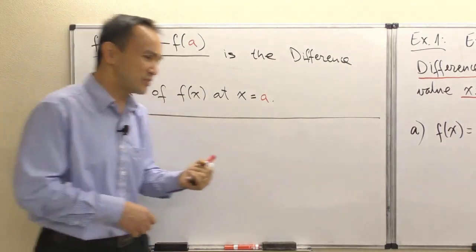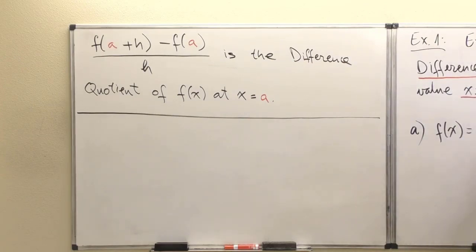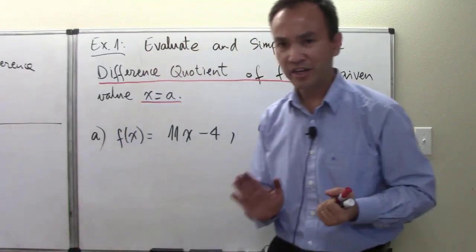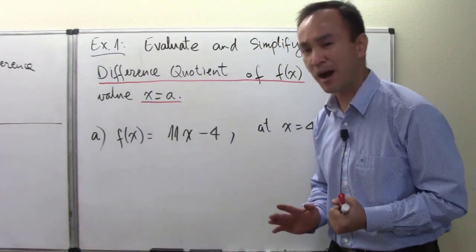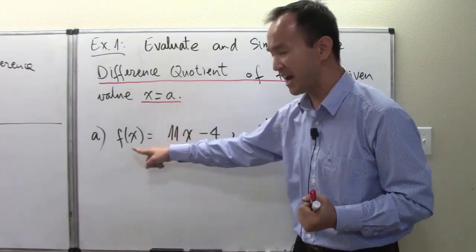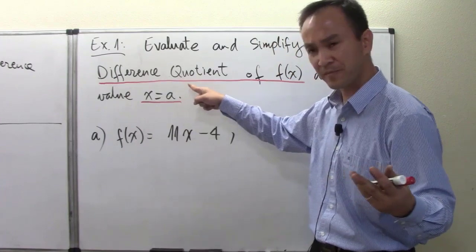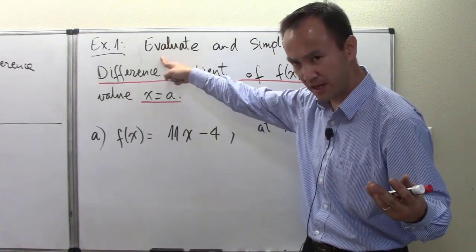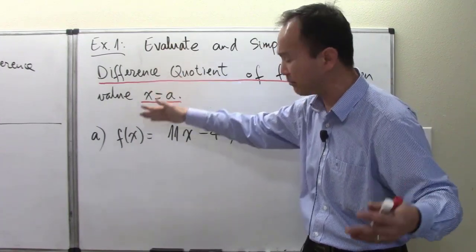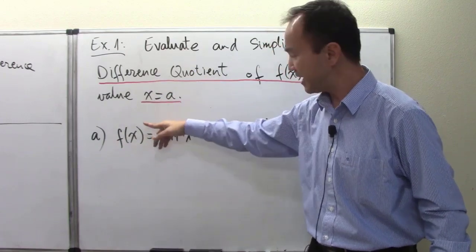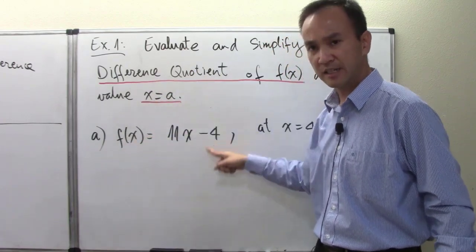Okay. But once we agree with that way of understanding it, the problem is asking us, here's your function f of x. Let's set up the difference quotient. I want to evaluate, but in order to evaluate, we have to know how to set it up first. Let's set up the difference quotient on this given function.